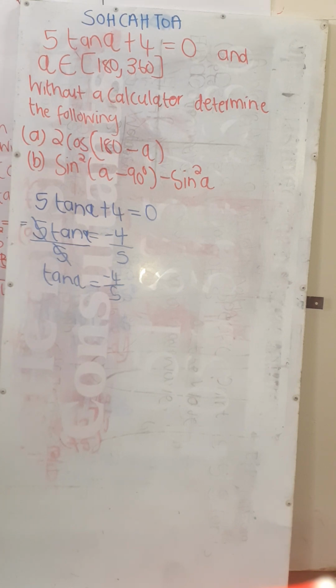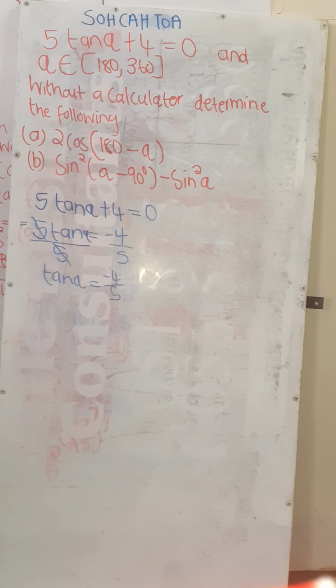So you have to check in which quadrant we will have a positive 5 and a negative 4, because it's opposite over adjacent.